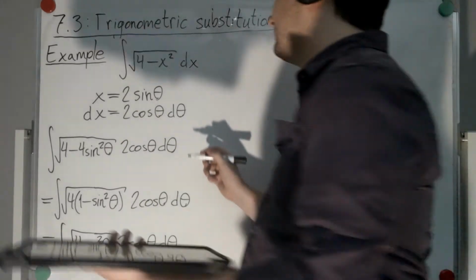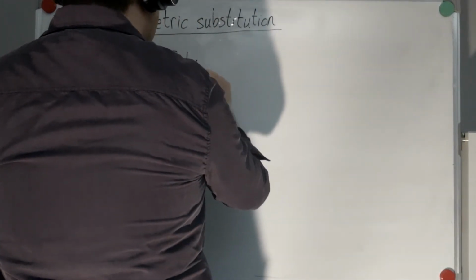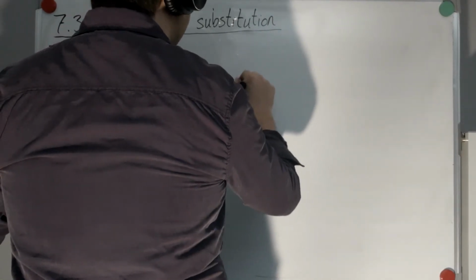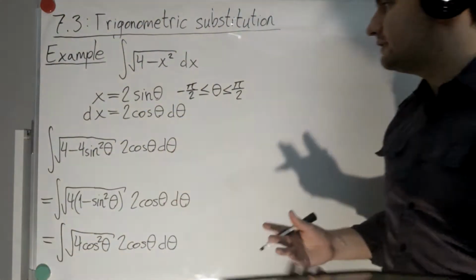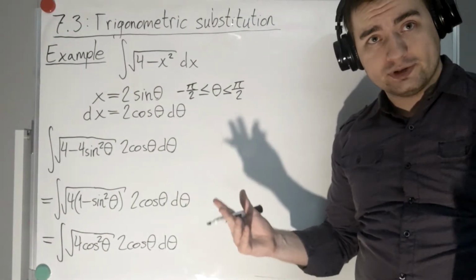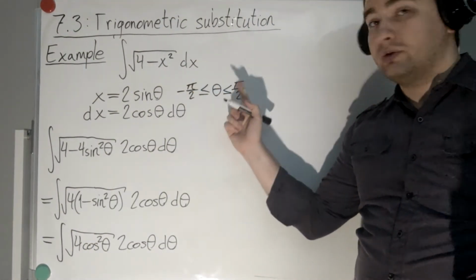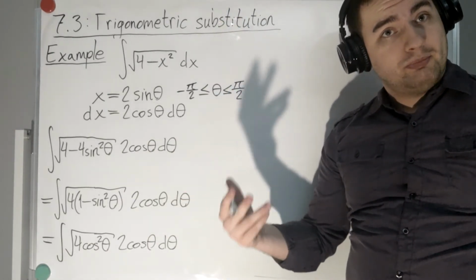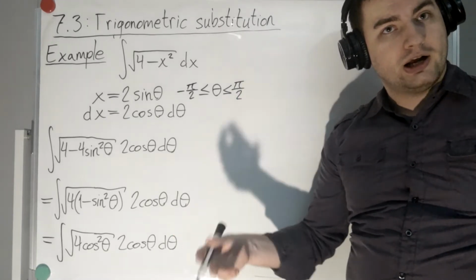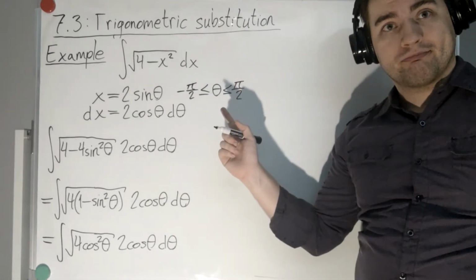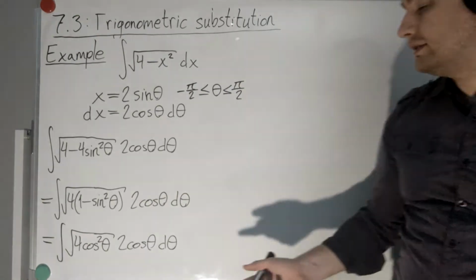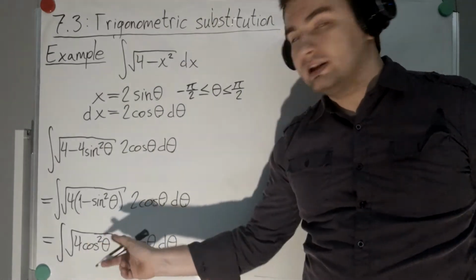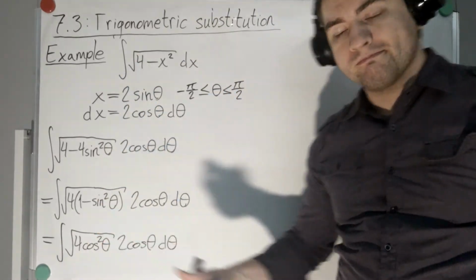But again, we have chosen theta to be in a specific range. In the case of the sine substitution, we chose theta to be between negative pi over 2 and pi over 2. That means that cosine is going to be positive, right? Because cosine is positive over this whole range. So that means that it is its own absolute value, so there's no harm in just saying that the square root and the square cancel each other again.